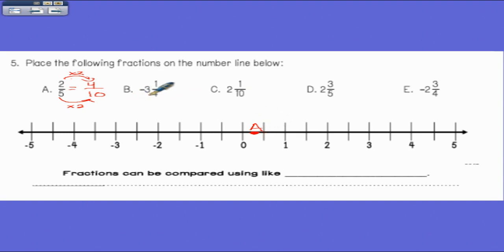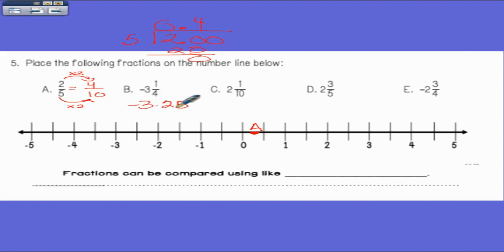B is -3 and 1/4. Now remember, if you get stuck on any of these, you are free to come in and do your division and get your answer. I happen to know 1/4 is the same as a quarter.